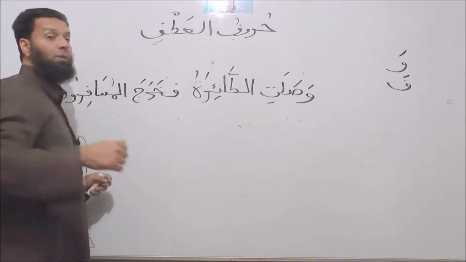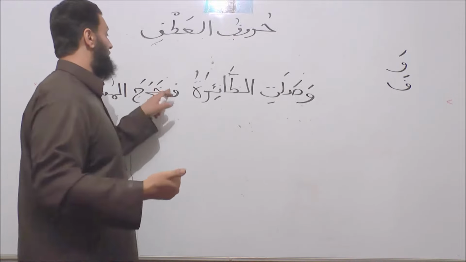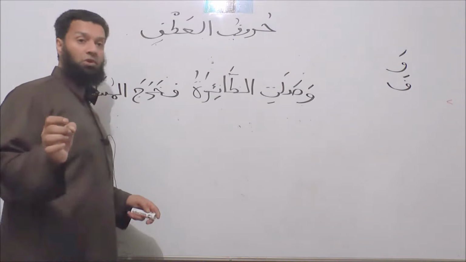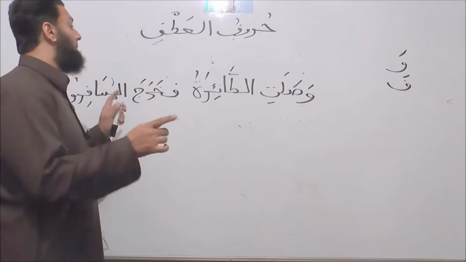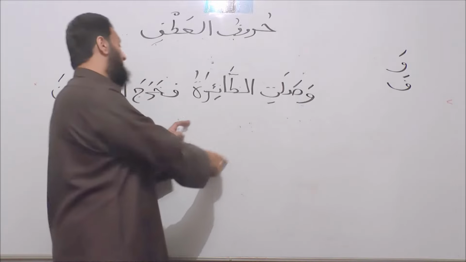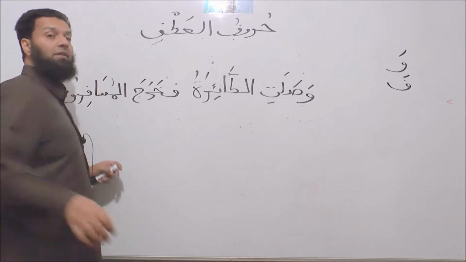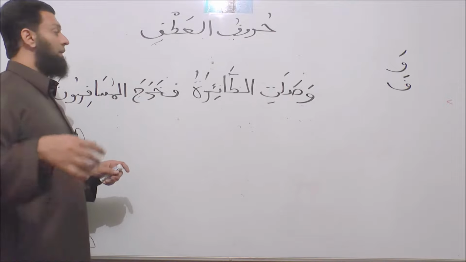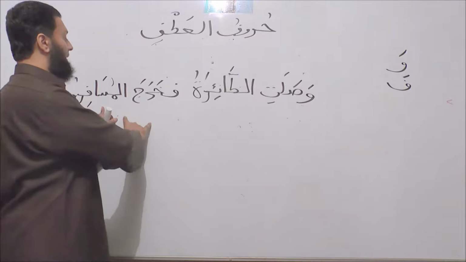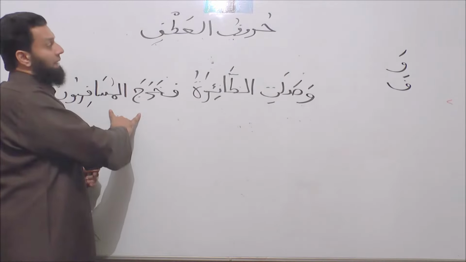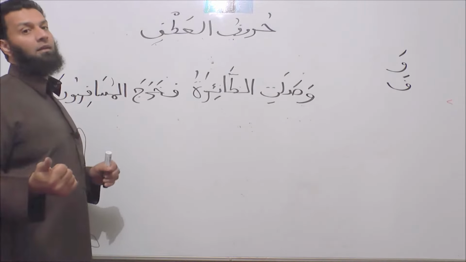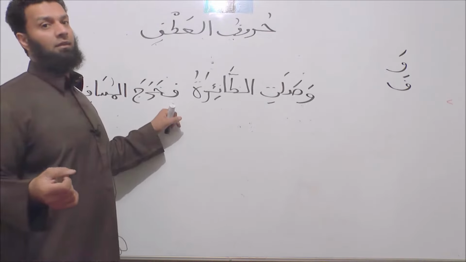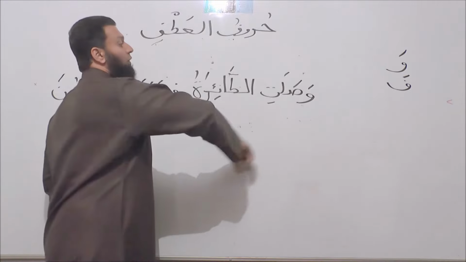But we have a fa, and what did we say is a function of the fa here, in addition to connecting the two sentences, to indicate a sequence of events without interruption. Meaning the time period in which this occurred and this occurred is very short. Right? So, we say that this sentence is al-ma'tufu. It's ma'tufun upon this sentence.